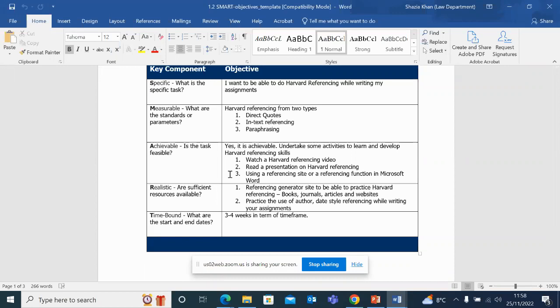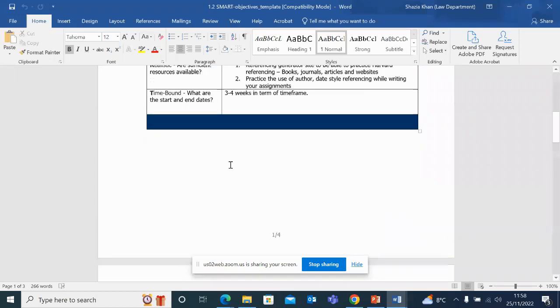Then you've got the R, are there sufficient resources? Online, you've got a referencing generator, books, journals, articles, websites, and then you practice the use of author, date, style referencing while writing your assignments. And the time, what are the start and end days? Here they've got 3 to 4 weeks as the time frame to complete this.